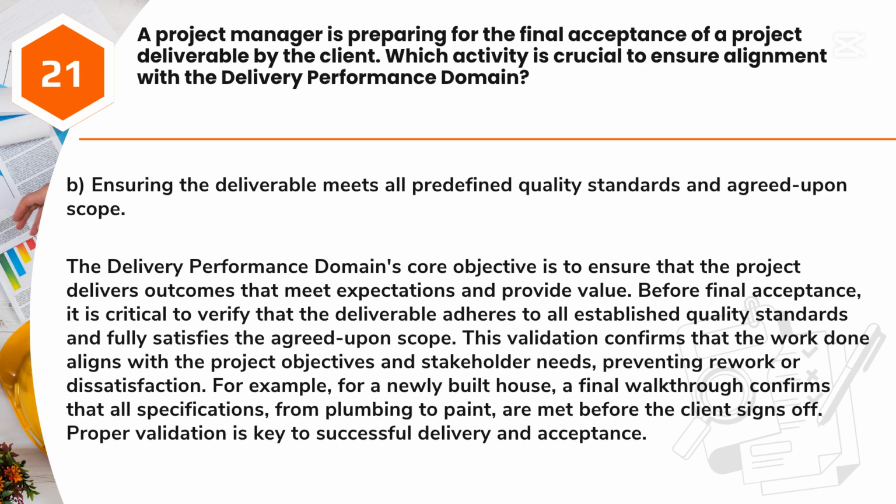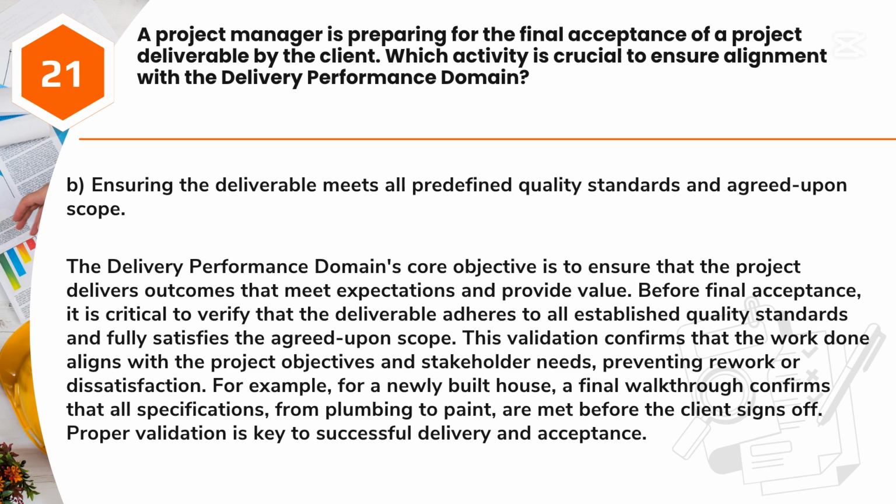Answer: B. Ensuring the deliverable meets all predefined quality standards and agreed upon scope. The delivery performance domain's core objective is to ensure that the project delivers outcomes that meet expectations and provide value. Before final acceptance, it is critical to verify that the deliverable adheres to all established quality standards and fully satisfies the agreed-upon scope.